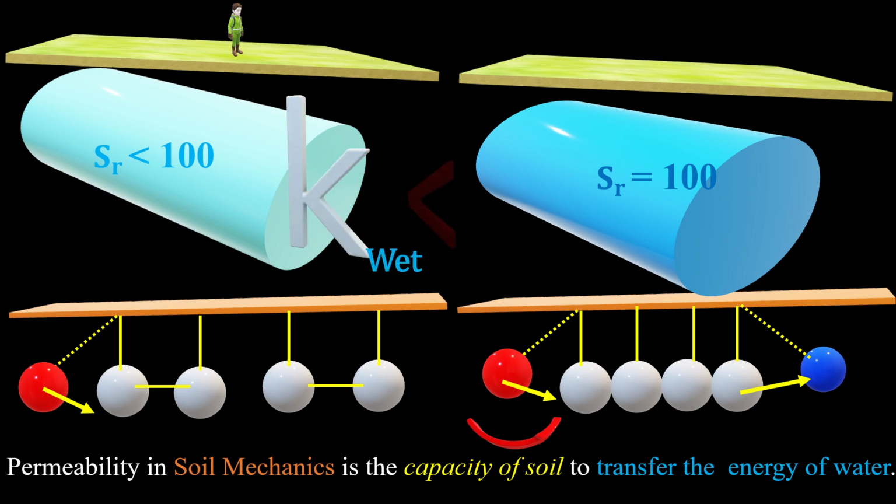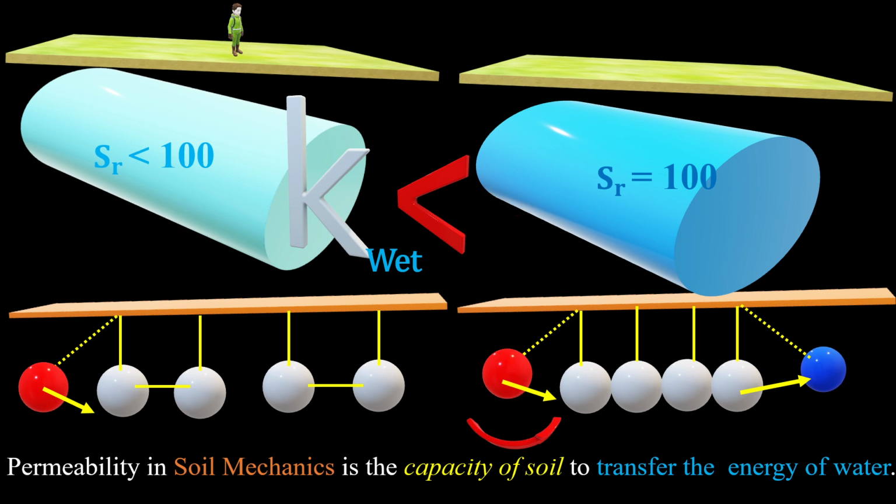So the higher the saturation ratio, meaning the soil grains are filled with more water, the more capacity that soil has to transfer the energy.